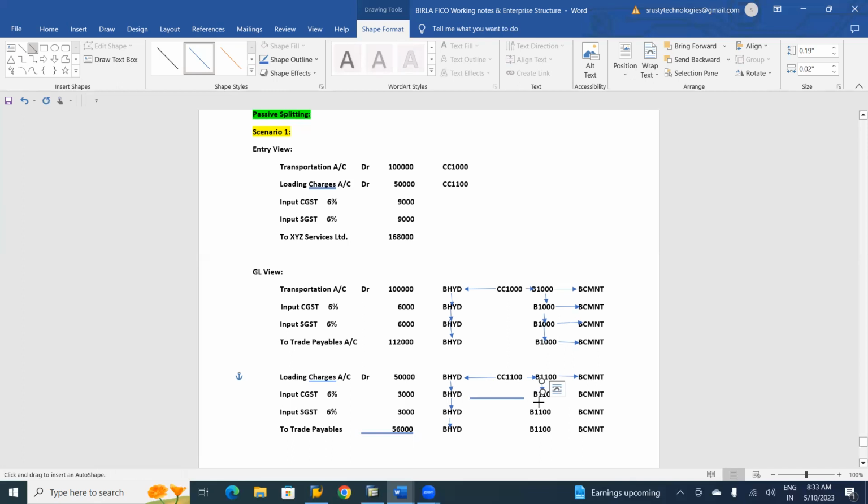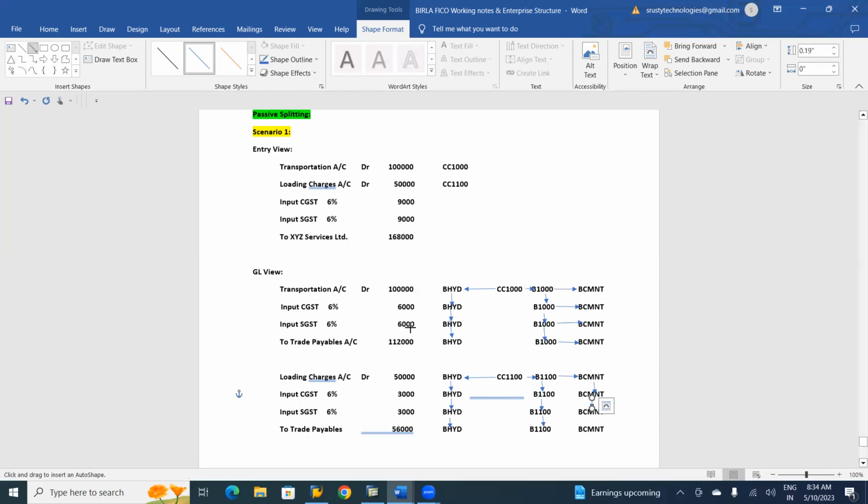Mostly the configuration part will start from tomorrow. The active and passive splitting configuration will start from tomorrow. If we understand the literature part, then the configuration will not be a challenge. Only the navigation and transaction codes we need to remember.